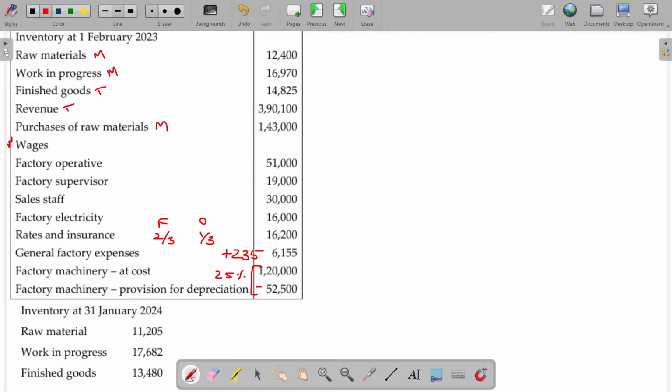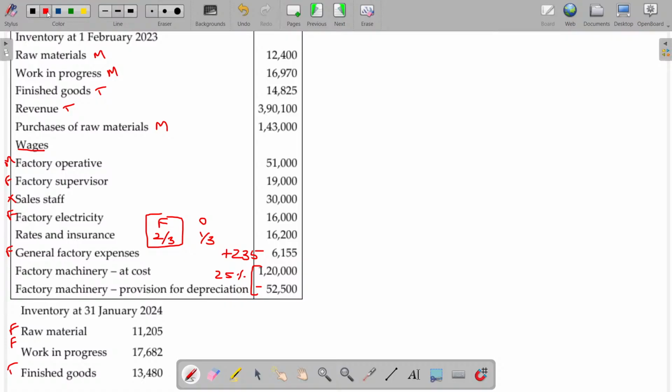Wages, manufacturing, factory operative. So under the wages, this will be manufacturing. This is factory sales staff, P&L account. Factory electricity, factory overhead, rates and insurance, this part will come, and general factory expenses, factory, and of course the rest will be there. And this is also factory. This is trading section. Right.